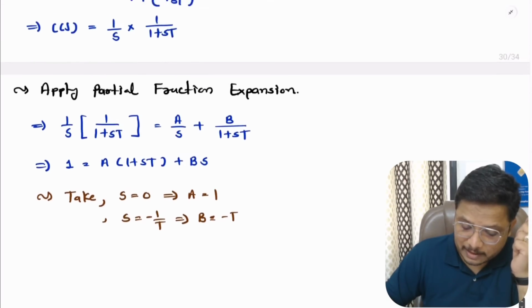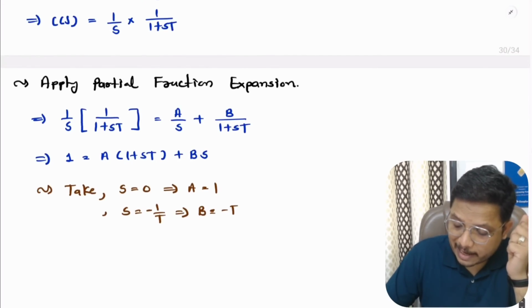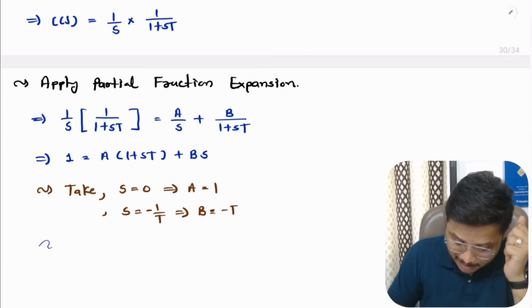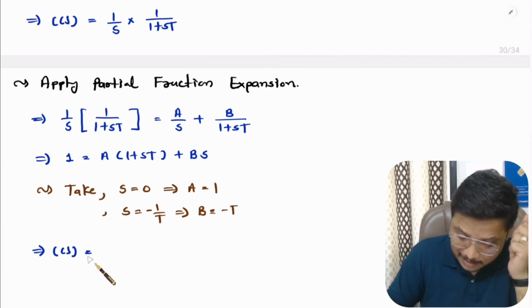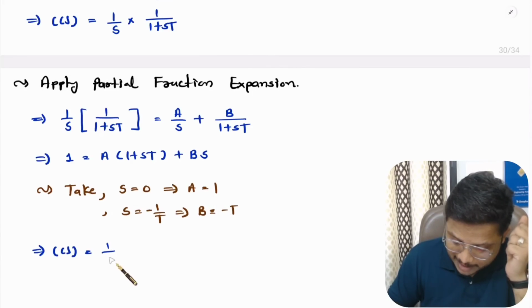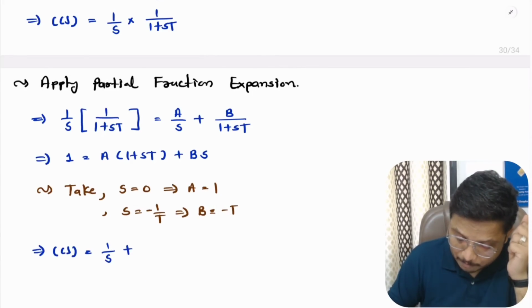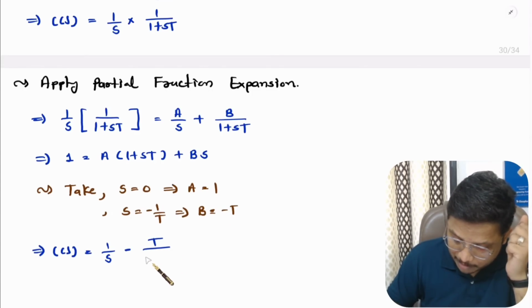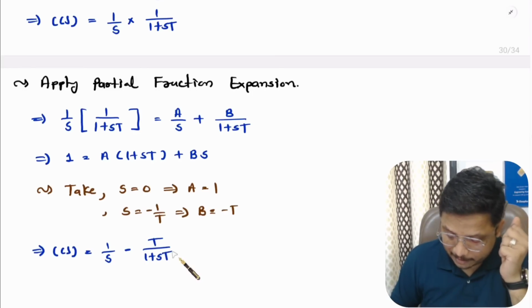Now see, C(s) we can have in the form of additive terms. So C(s) is A divided by s, where A is 1, so 1 by s, plus B divided by (1 plus sT), B is minus T, so I can say minus T divided by (1 plus sT), right?